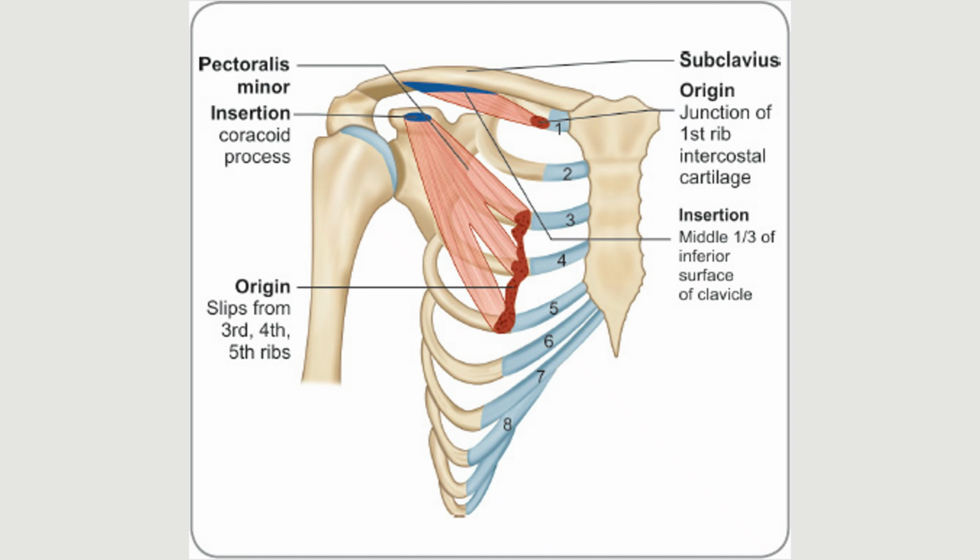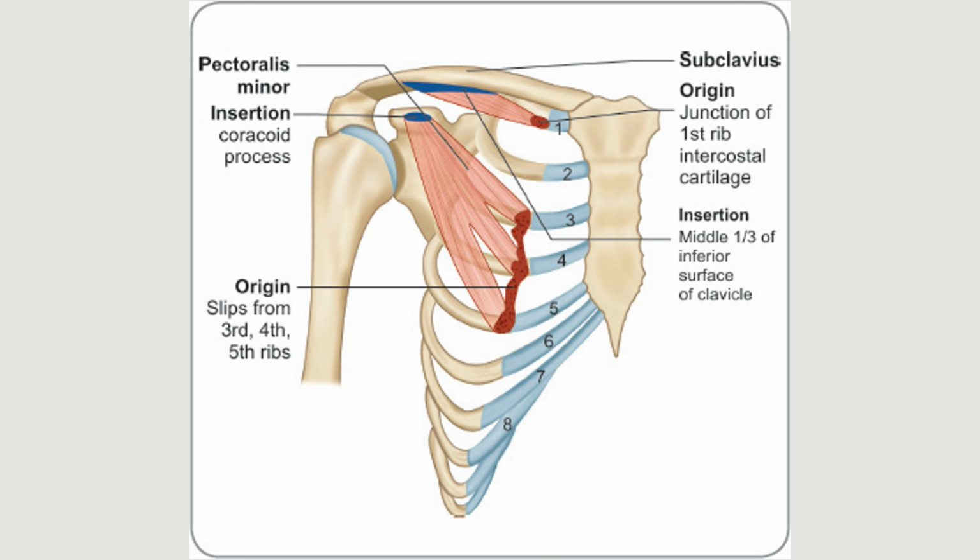It is also supplied by the medial and lateral pectoral nerves. The main action is the punching action or protraction of the scapula. It also helps in depressing the shoulder point. And during forced inspiration, the pectoralis minor will act as an accessory muscle of respiration.